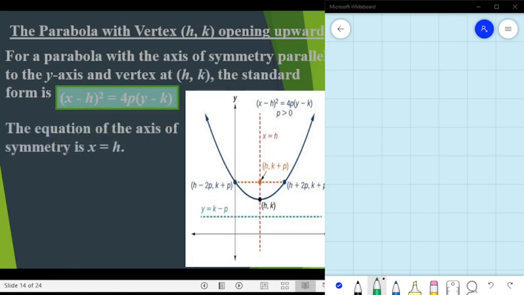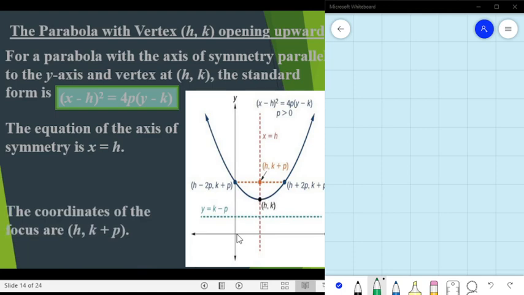Then the equation, in this case, the equation of axis of symmetry, this one is x equals h. Ang h, no? Okay. Parallel man siya to the y-axis. So, ang imong axis of symmetry is x equals h, kaya natungod mo siya sa x.